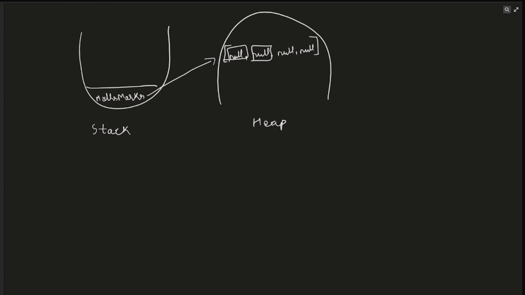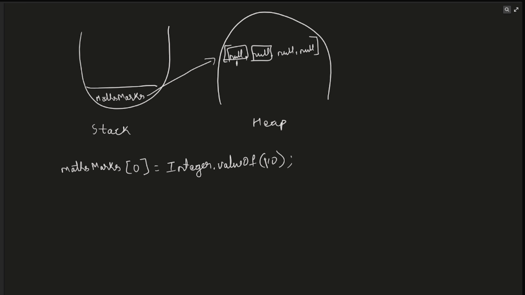Let us try to insert a value into the first position. Maths marks of zero equals, we need to insert an integer value. Integer dot, we have a method valueOf 10.